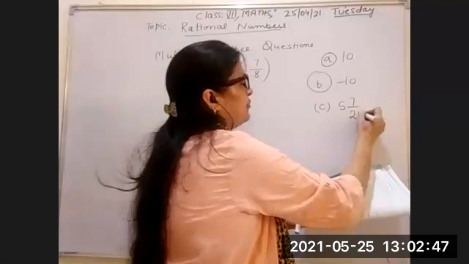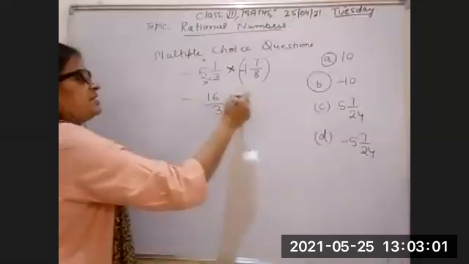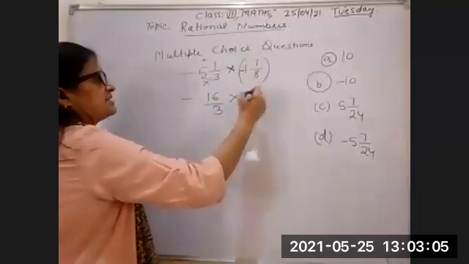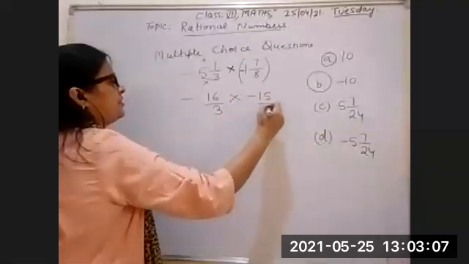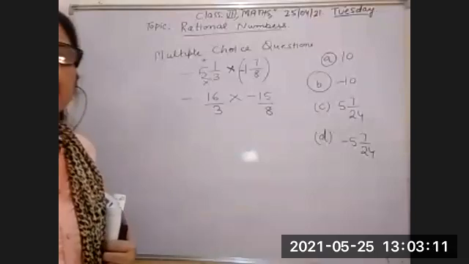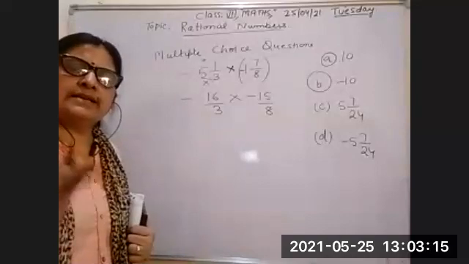How will you solve this question? Because multiply sign is given here. So first change the mixed fraction into the improper fraction. It is equal to 16 upon 3. And multiply 8 1 ja 8, 8 में 7 plus किया, it is equal to 15 upon 8. Now, while multiplying and dividing, you cannot take the LCM.